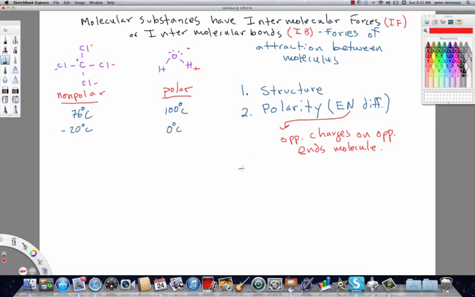And then the third thing is molar mass. All right? The bigger the molecule, all right, the more electrons we have, also the bigger the volume.